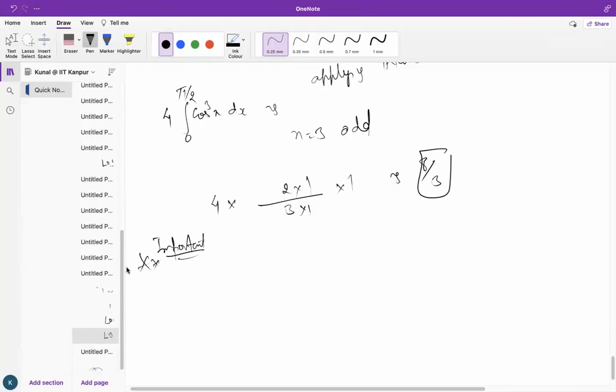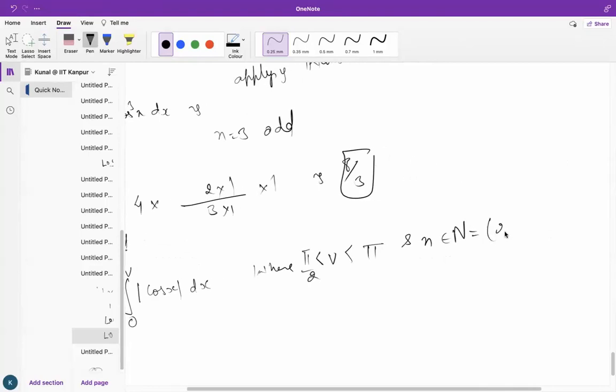Here, because the limit is not written in direct format, we have to integrate mod of cos x dx from 0 to n pi plus v, where v is varying from pi by 2 to pi, and n belongs to natural numbers, which is equal to 2n plus 2 minus sine of v.